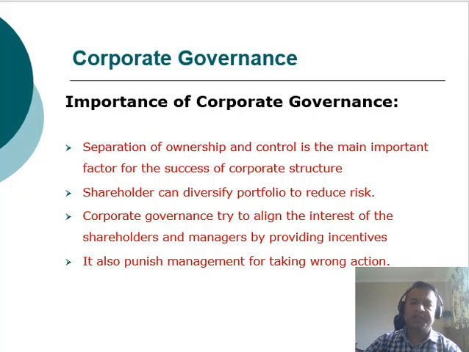Second, the shareholders can diversify their portfolio to reduce risk. This is another benefit for the shareholders, because they can diversify the portfolio to reduce their own risk of the corporate portfolio. Third, corporate governance tries to align the interests of shareholders and managers by providing incentives. This is a big factor for any organization which does not want to create any agency problem. And the fourth is that it also punishes the management for taking wrong action.